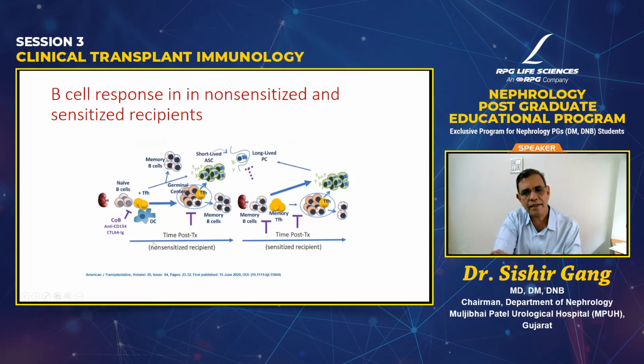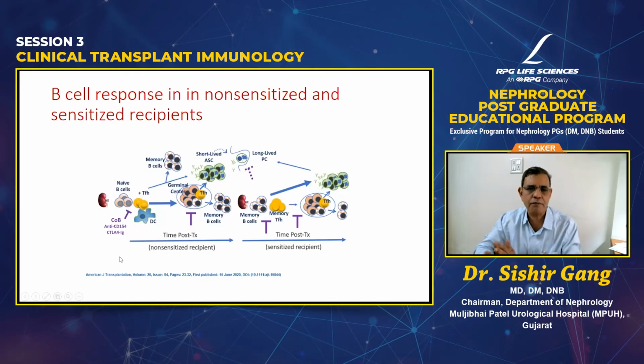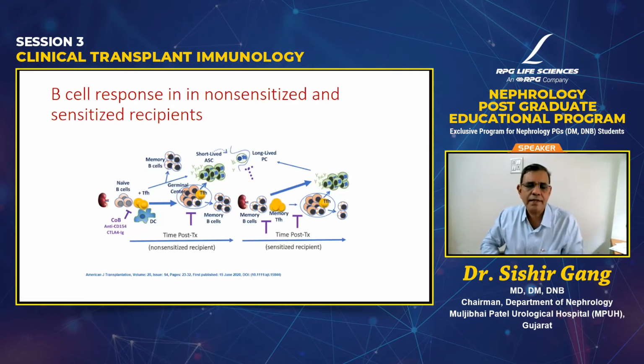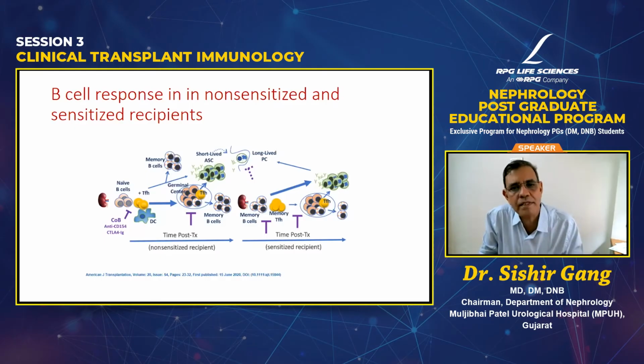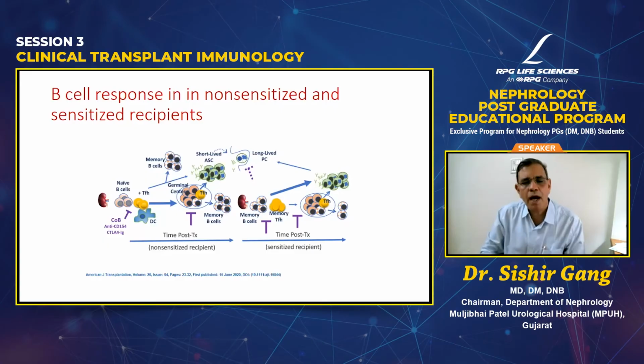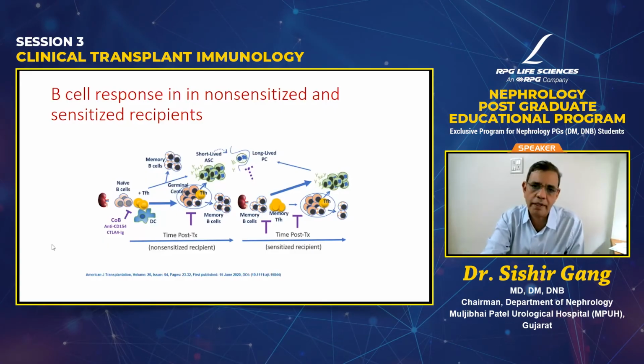Important note is that if there is a non-sensitized recipient, it requires a lot of help from the T cells and dendritic cells to do that. And therefore, the antibodies don't come into play if the patient is not sensitized. So if the patient has not had sensitization, that is, has not had any previous transfusions, pregnancies, or previous allografts, usually the antibodies become a problem after 7 to 10 days or maybe beyond that. Usually not a problem in the early time.